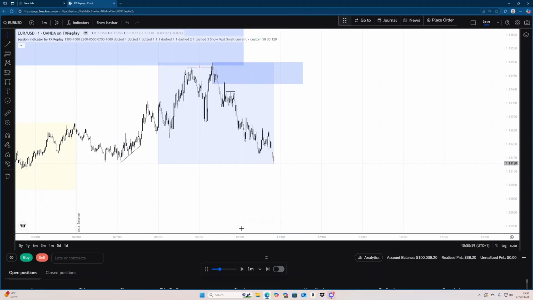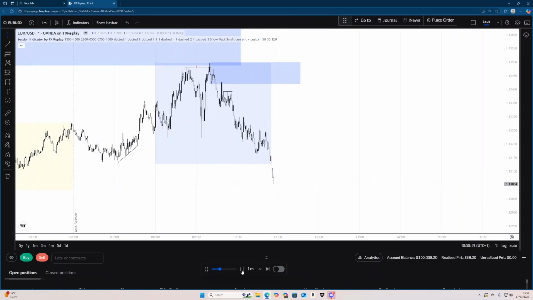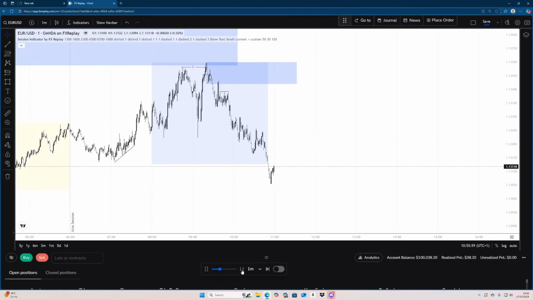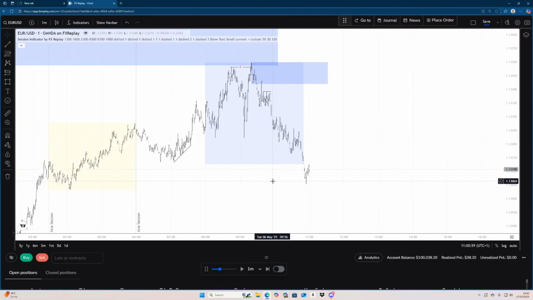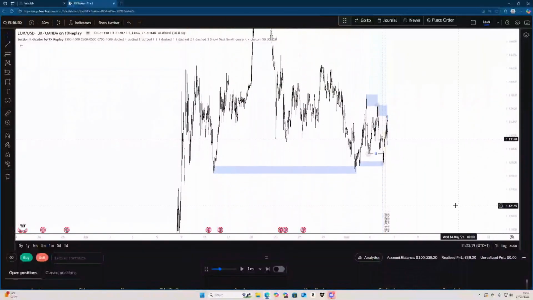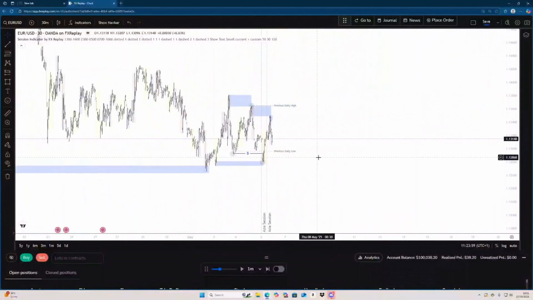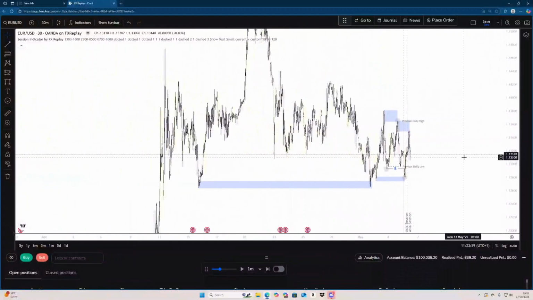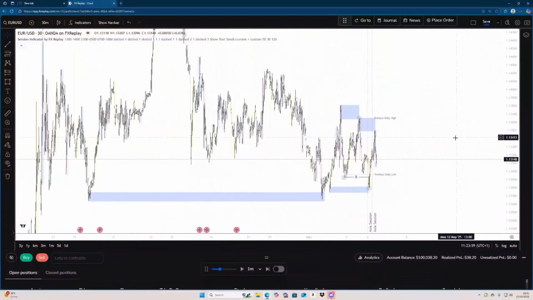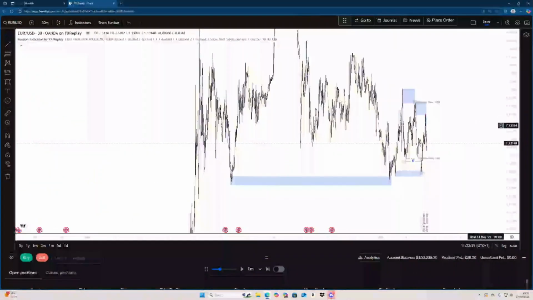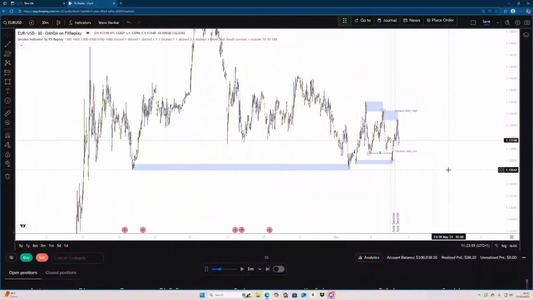Can we see why the price hits there and then goes down? Let's figure out why. It's this supply. I want to know why from there the price makes this huge move. Bro, go on.